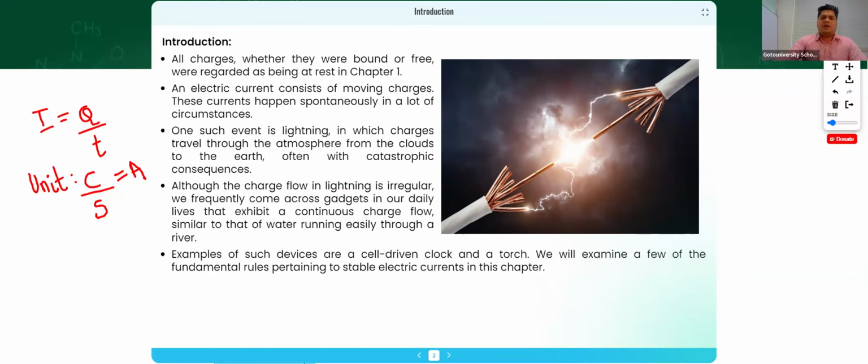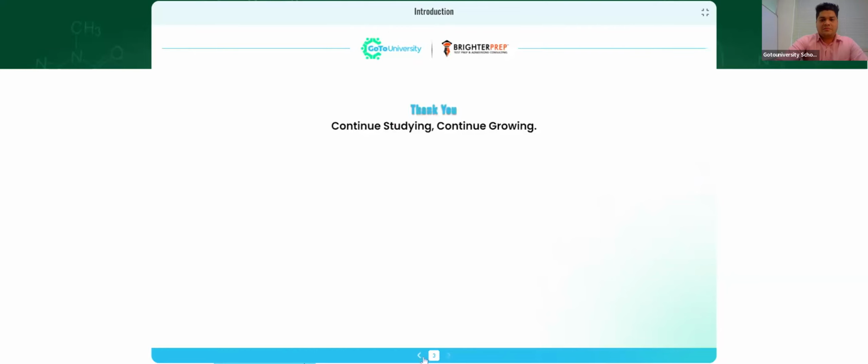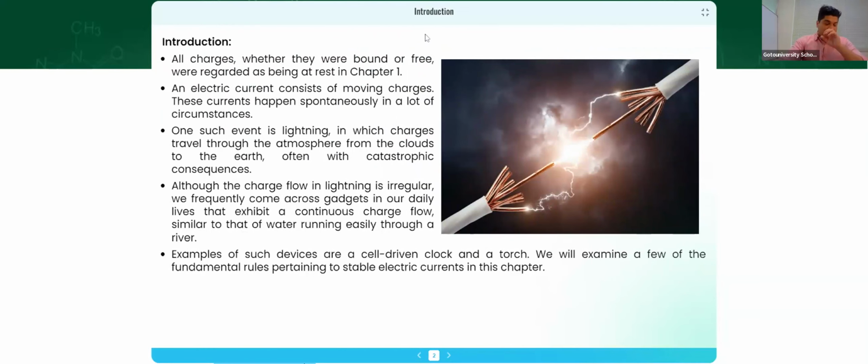Okay, now what is the meaning of average current and instantaneous current? According to you, what is the meaning of instantaneous current or average current? Yes, what is average current?